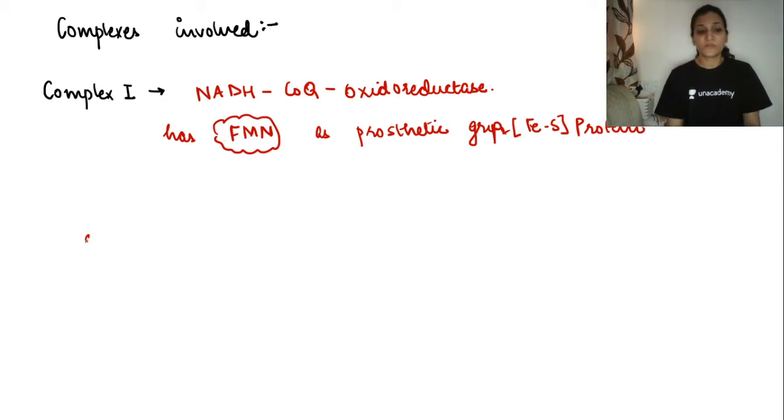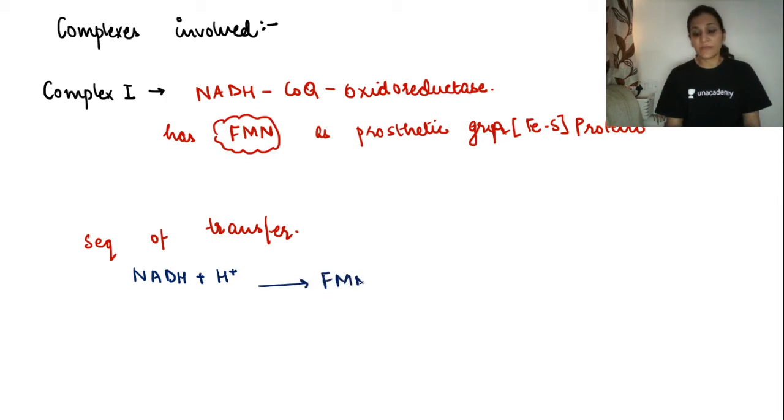The sequence of transfer of electrons would be: NADH plus H positive goes to FMN, FMNH2, then it goes to the iron sulfur complex.